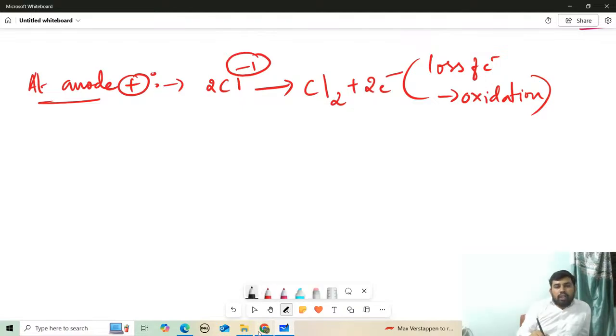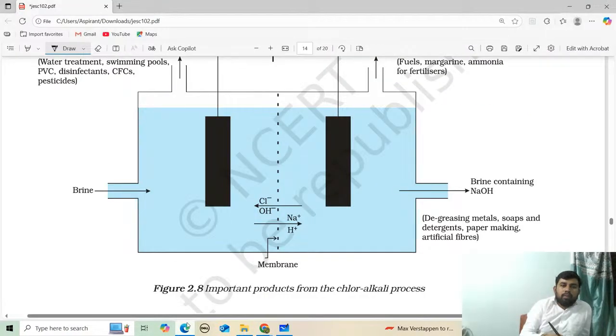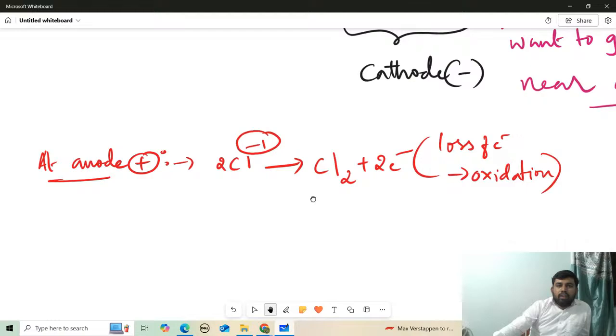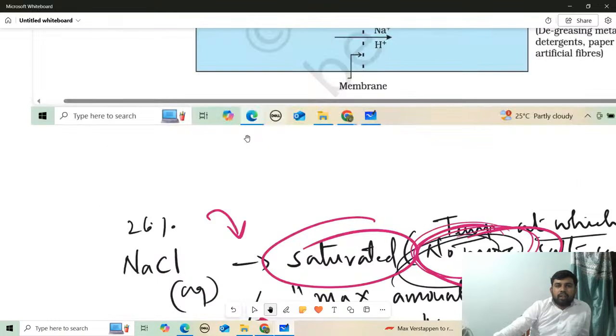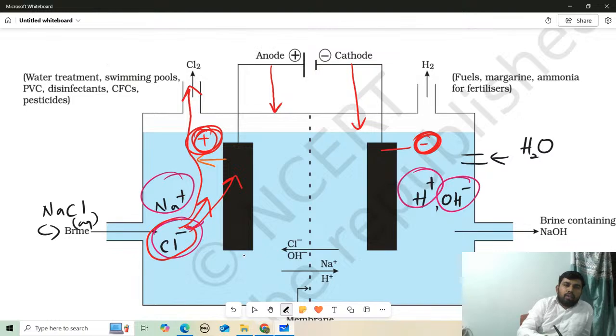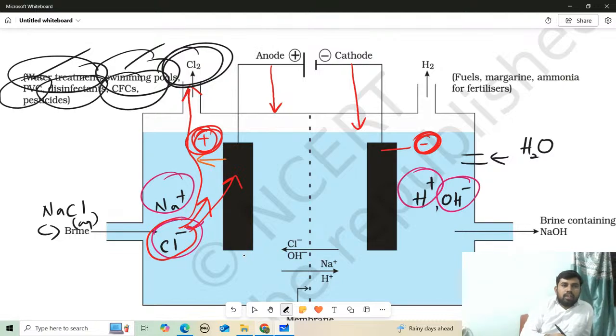Now the chlorine gas story is completed. One more gas is going to form here. You can see chlorine gas is liberated here, and chlorine gas is used in water treatment, swimming pools, polyvinyl chloride, disinfectants, chlorofluorocarbons, and pesticides.